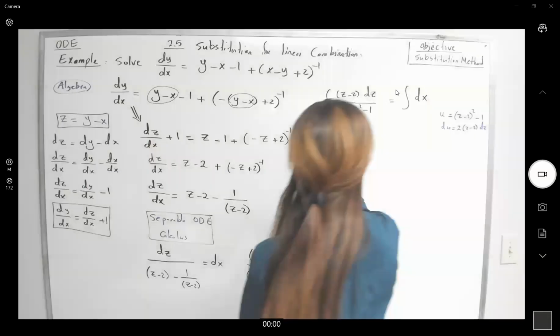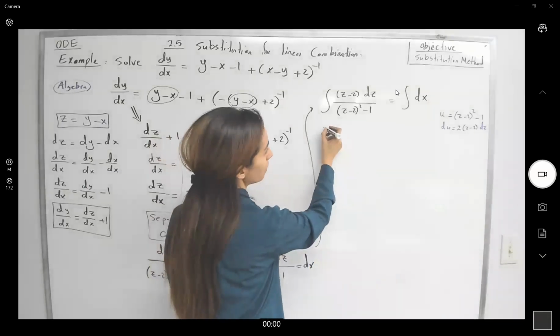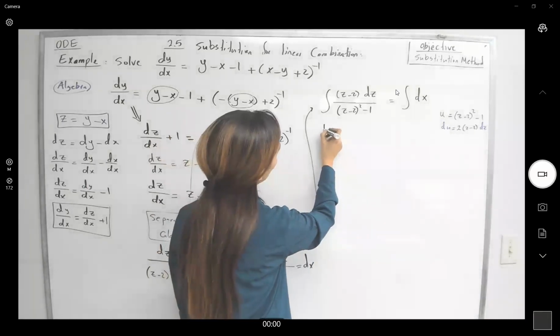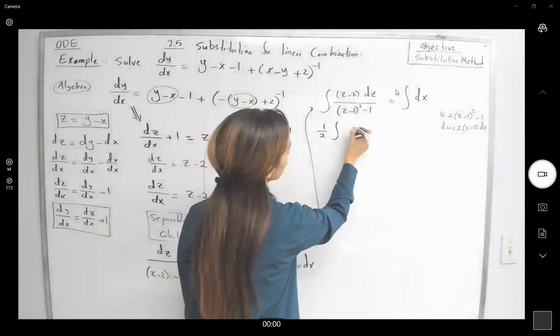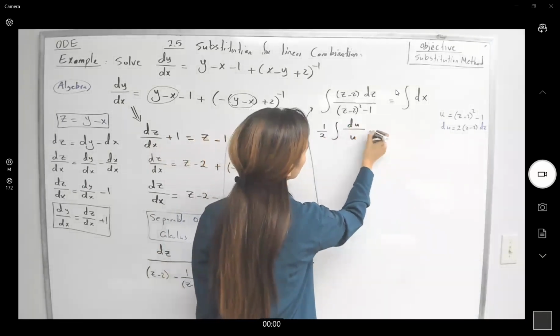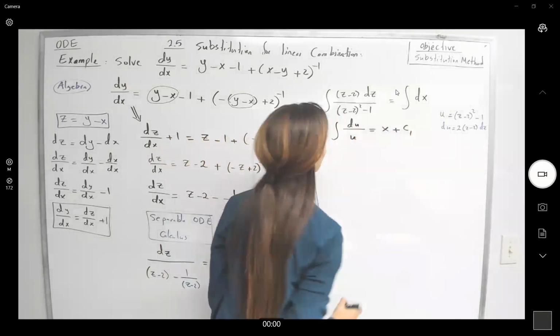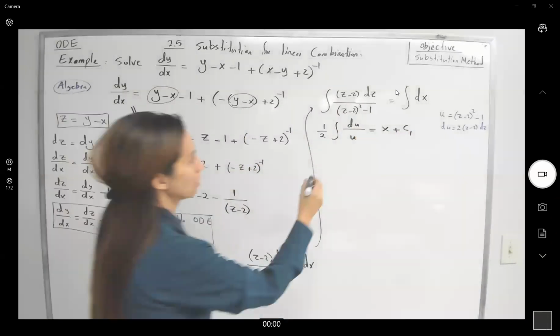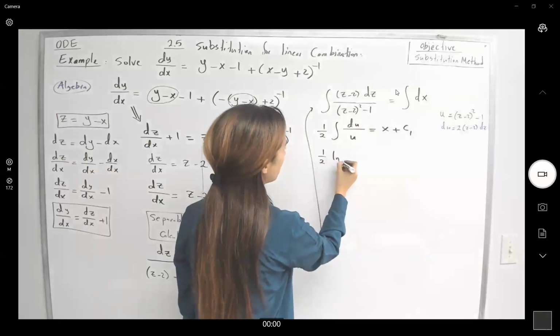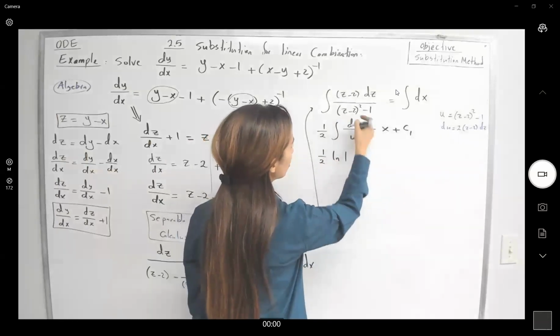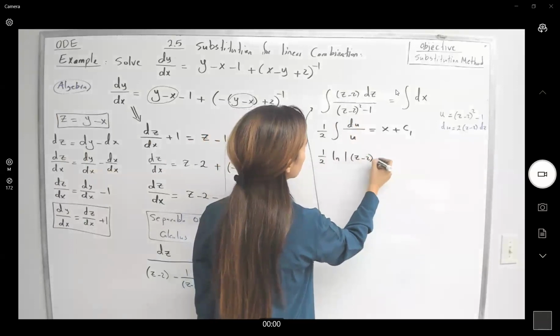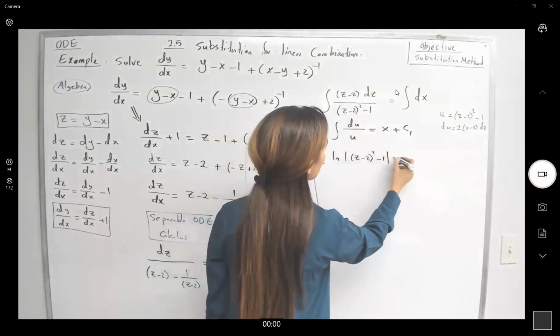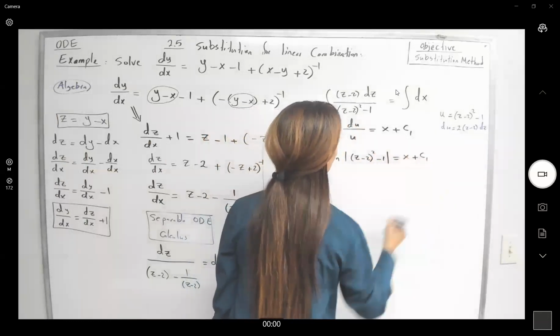So this becomes a half, and the integral of du divided by u equals x plus c sub 1. So we get a half ln of the absolute value of u, which is (z minus 2) to the second power minus 1, equals x plus c sub 1.